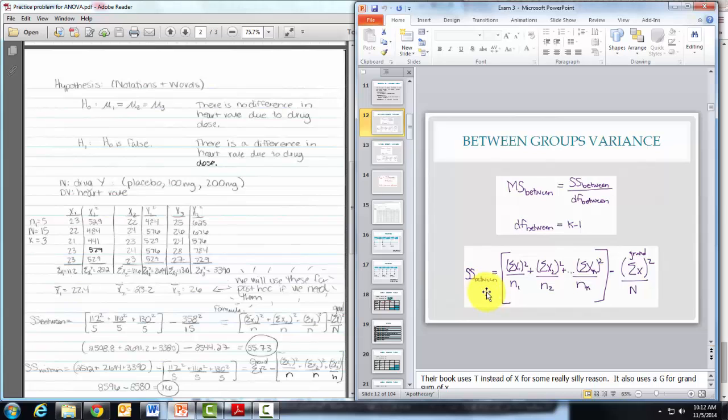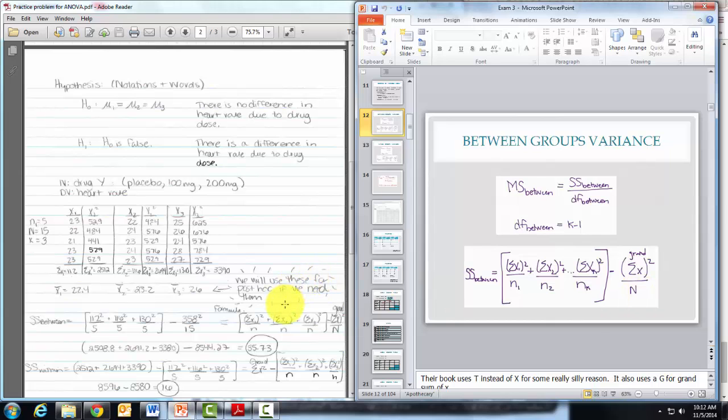We're going to need our sum of x for each of our groups and our number of subjects in each group. We add those together for as many groups as we have, then take that total and subtract the grand sum of x, which I'll show you how to do in a moment, divided by the total number of people overall in the experiment.